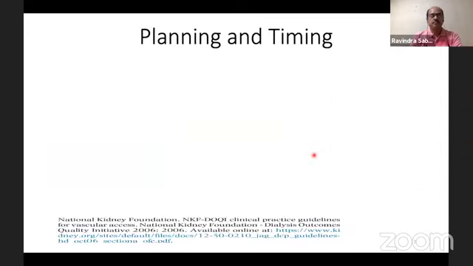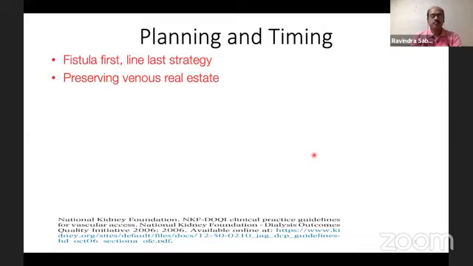So, planning and timing is everything in a fistula. The standard strategy as of now is fistula first, line last. That is, in an ideal world, there should be no need for central venous catheters. We should plan well ahead in time, make a fistula, and even the first dialysis in a CKD patient should start with a fistula.